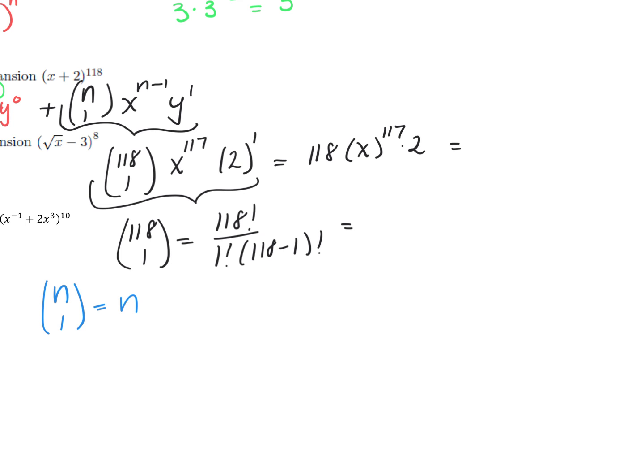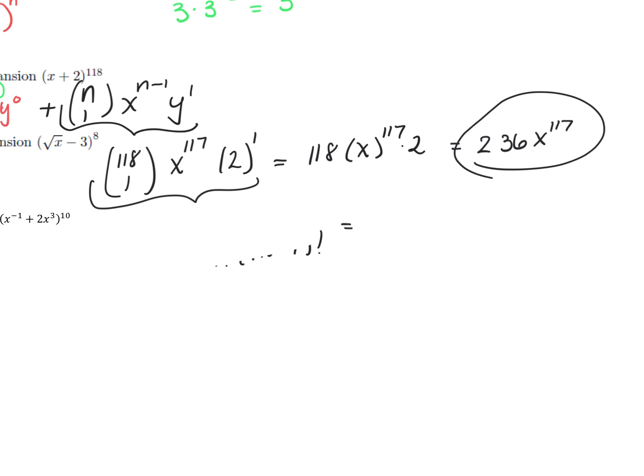So I have 118 multiplied by 2, which is 236 x raised to the 117. This is my answer. It is not the entire expansion. It is the answer that has the term which has x raised to the 117. So that one wasn't too bad.